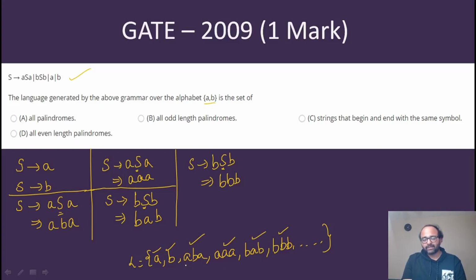Palindrome because if you reverse the string you get the same string: reverse of aba is aba, aaa reversed is aaa, bab reversed is bab, and bbb reversed is bbb itself. So all the strings generatable from this grammar are clearly odd length palindromes. So the correct option is B.